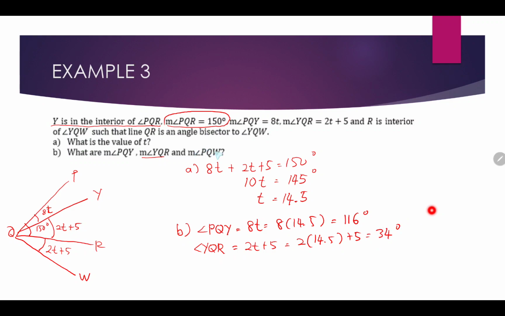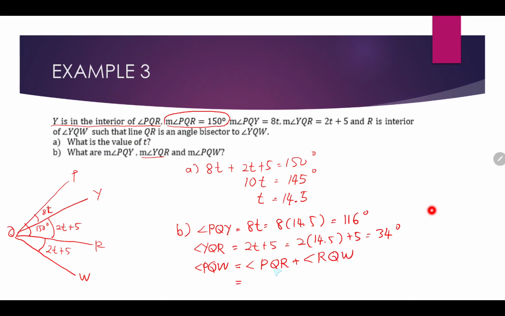And then the measurement of angle PQW. Where is PQW? PQW is here. The measurement of PQW equals angle PQR plus angle RQW.